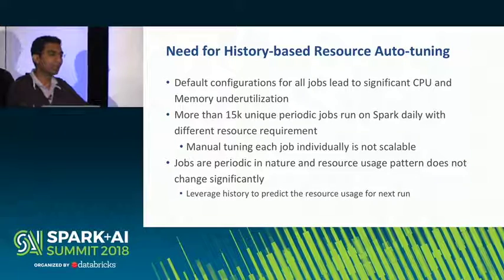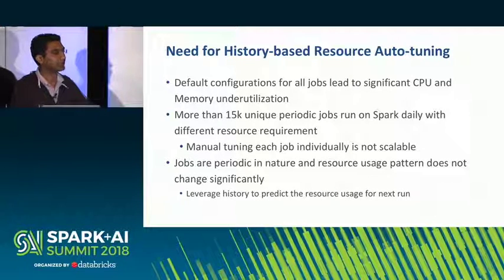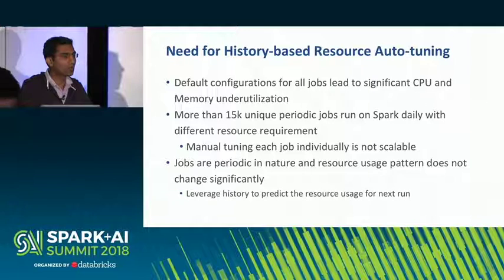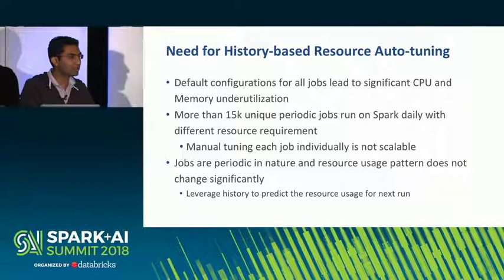We have many jobs in our cluster which are periodic by nature, and the resource usage pattern of those jobs does not change significantly over multiple runs. So we can take a look at the resource usage of the jobs in the past, and based on that, predict what the resource usage pattern will be in the next run, and tune the resources for the job to make them more resource efficient.